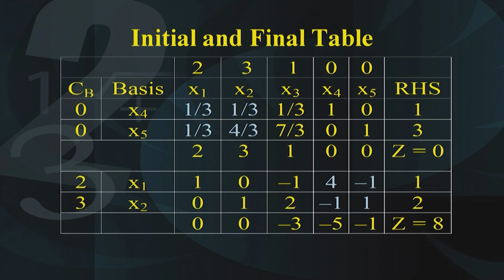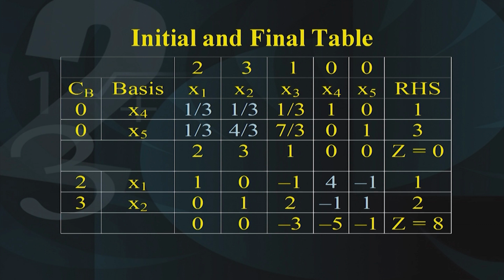Now, as in the last lecture, the initial and the final table can be seen as in this table. In the initial table, we have the bases given by x4 and x5, and under the x1 column we have 1 by 3, 1 by 3. Under x2 we have 1 by 3, 4 by 3.